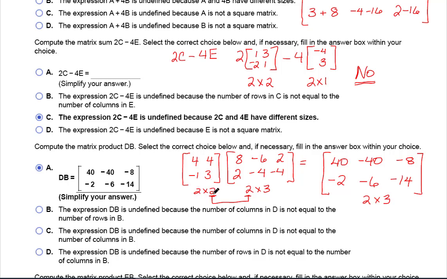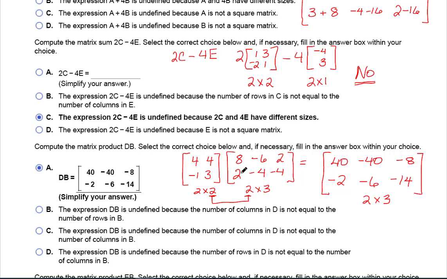D is 2 by 2. B is 2 by 3. The number of columns of D matches the number of rows of B. So yes, this is a valid operation to do.